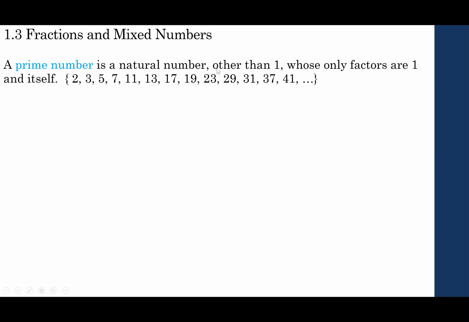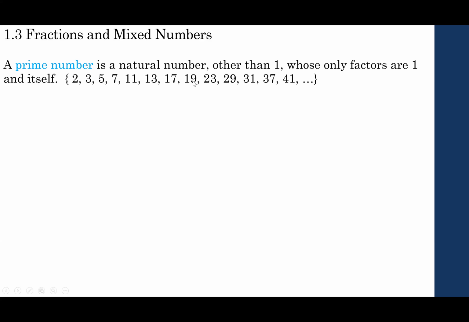Meaning again, 2 is a prime number, and in fact, 2 is the only even prime number, okay? Because the only factor of 2 or the only multiple of 2 is 2 times 1, which is 1 and itself. 3 is a prime number because 3 times 1 is 3, 5, 7, 11, 13, 19.